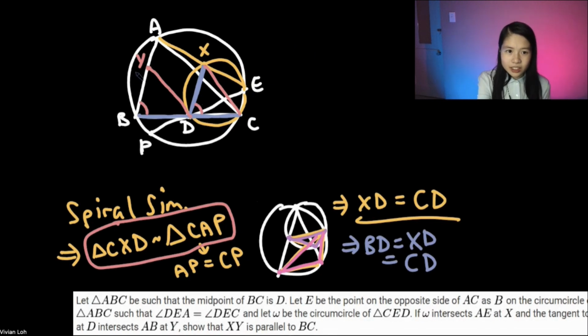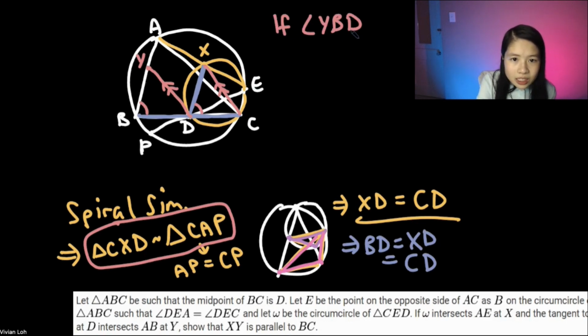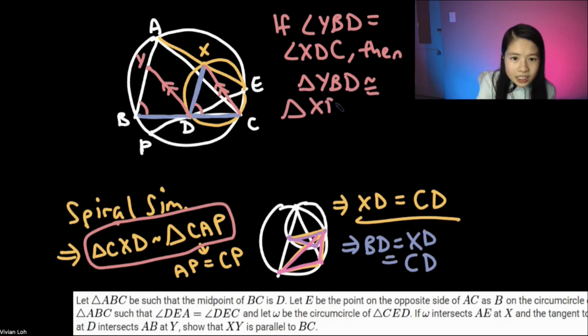Because if we knew that angle YBD was equal to angle XDC, since YD is parallel to XC, then we would have that triangle YBD is congruent to triangle XDC.